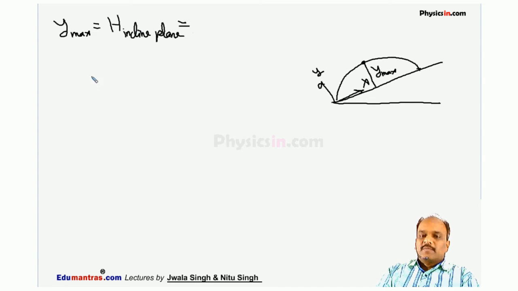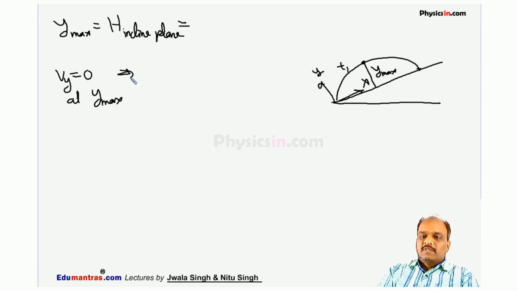This y max can be calculated by first calculating the time when the particle is here. Let this time be t1. At this instant, Vy becomes 0. So I can write Vy equals 0 at y max.